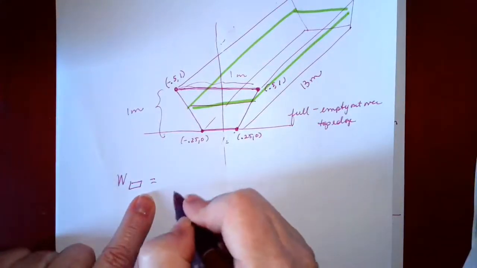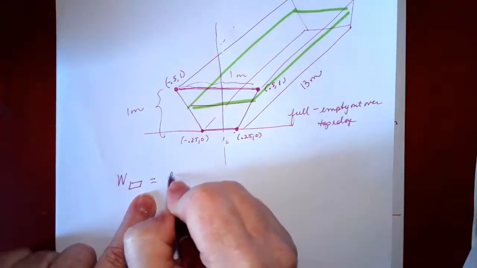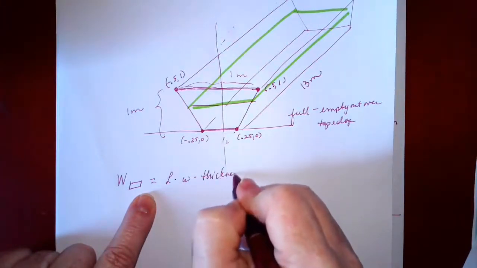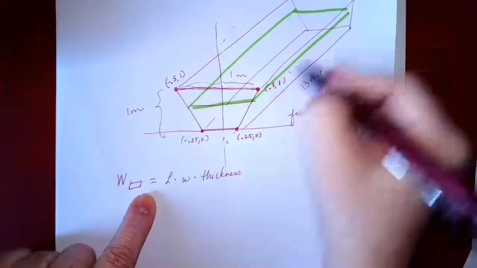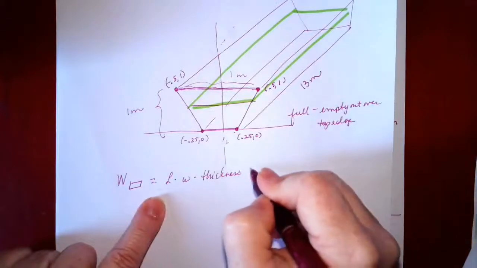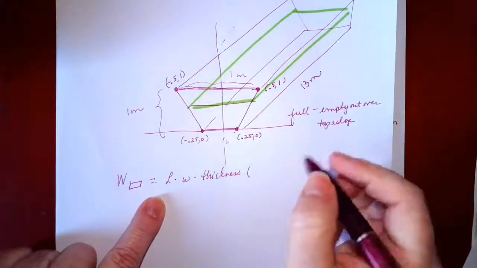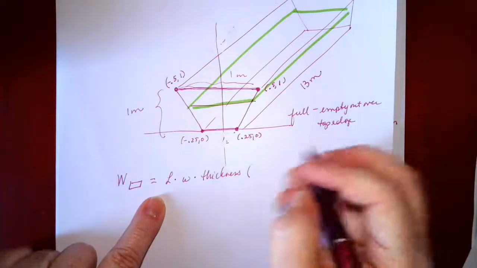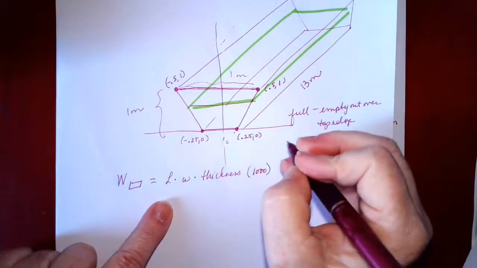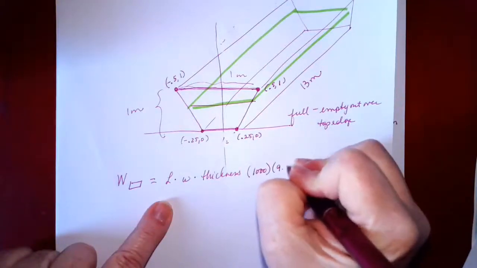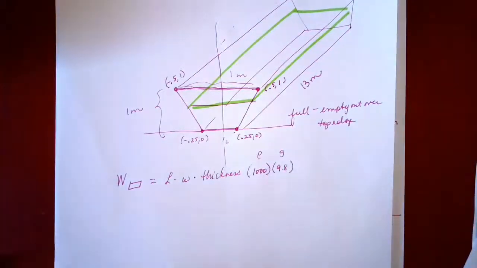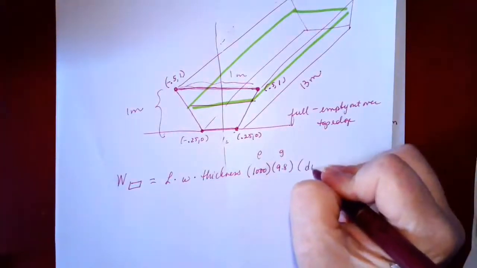How do you find the volume of a rectangle? Well, it's length times the width times the thickness. And then this one was using density and gravity in the metric system. So we have the 1,000 kilograms per cubic meter and the 9.8 meters per second squared for density and gravity. And then we'll have to figure out the distance.